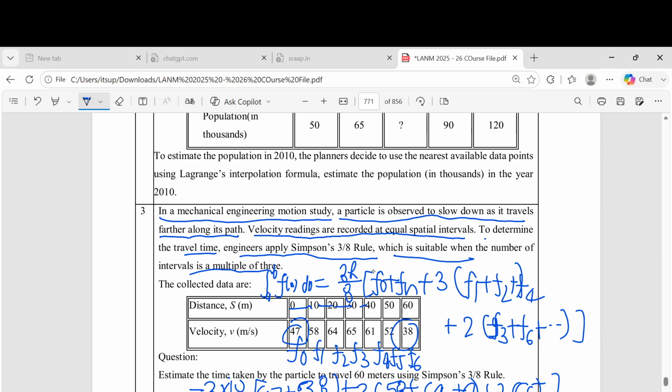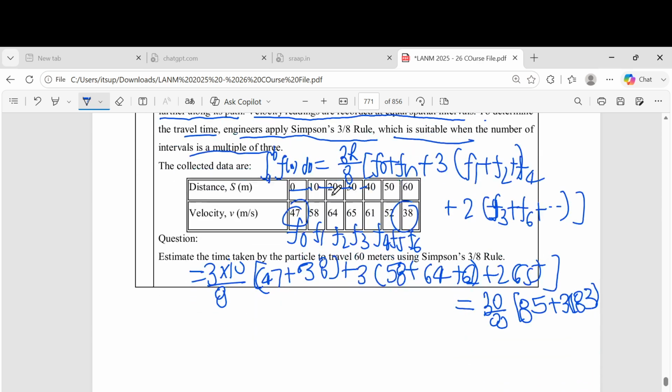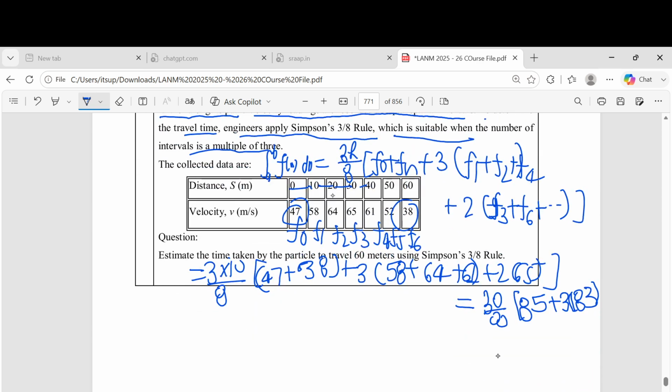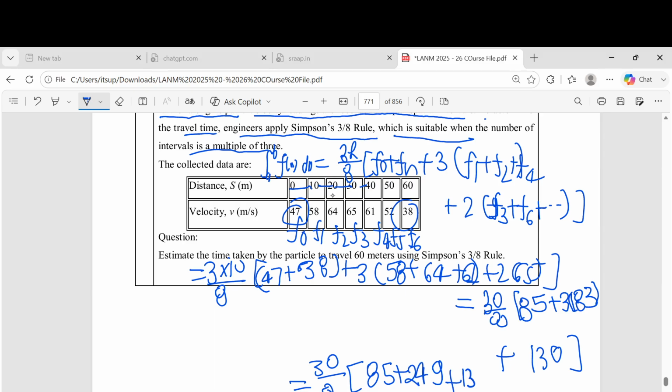183 plus 130. Okay, so if we add, this is 30 by 8. So this is 85 plus 3 times 3 is 9. This is 249 plus 130. Okay, so this is 30 by 8.